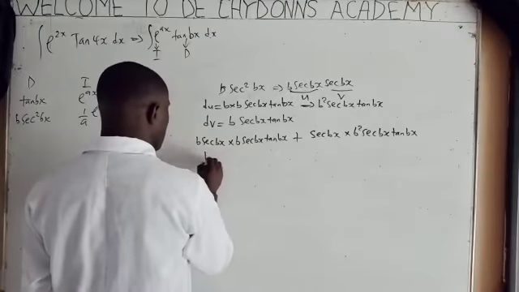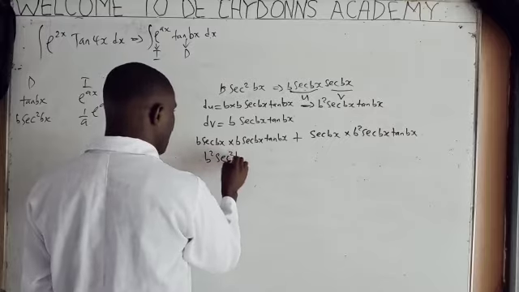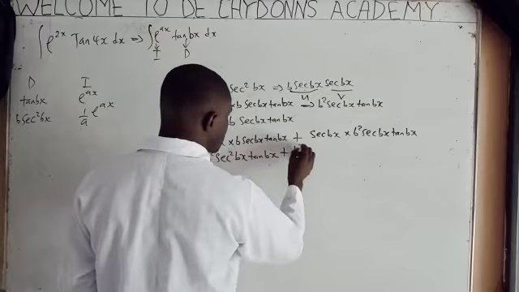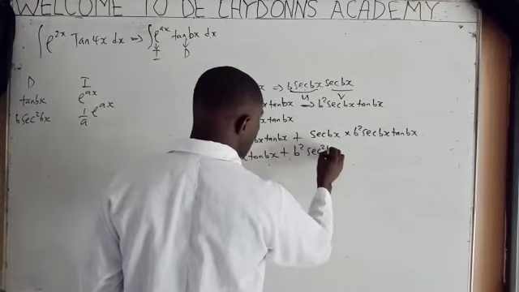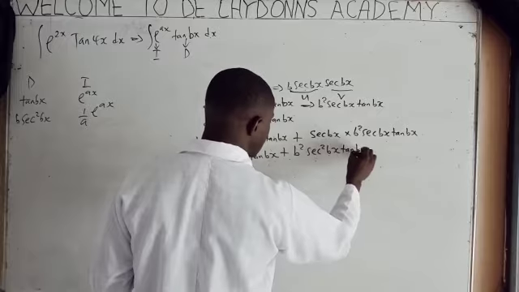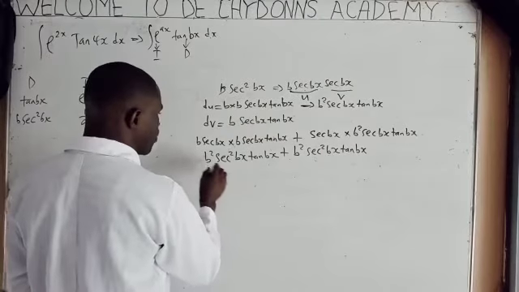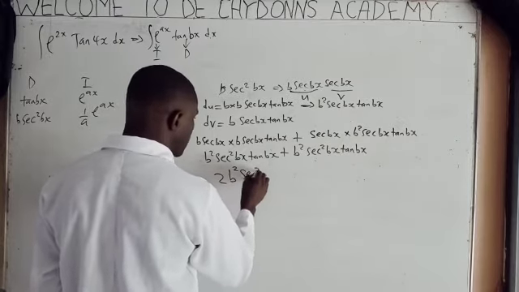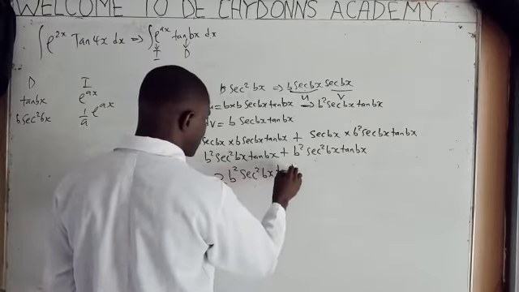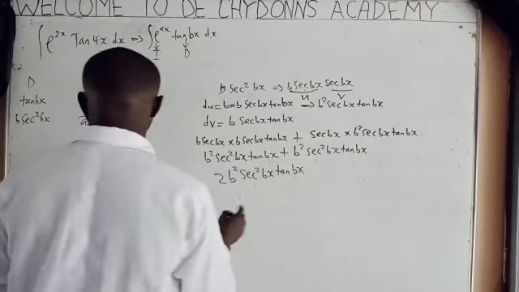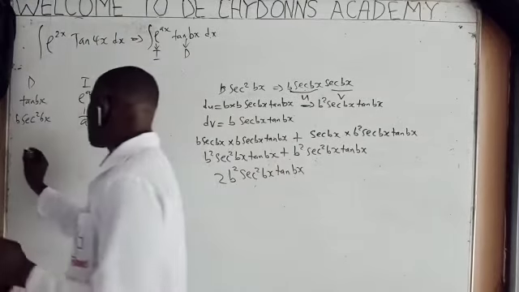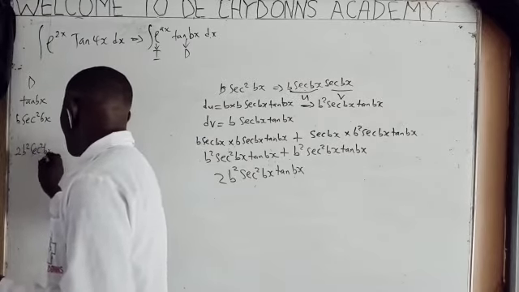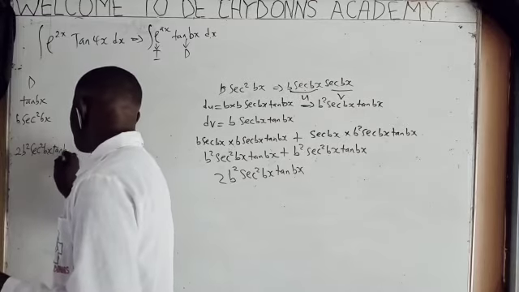Okay, this will be giving you b square sec square bx tan bx plus b square sec square bx tan bx. Then when you add the two, because everything you have here is the same, it will be giving 2b square sec square bx tan bx. Okay? Then I will say differentiation of this will be giving me 2b square sec square bx tan bx.